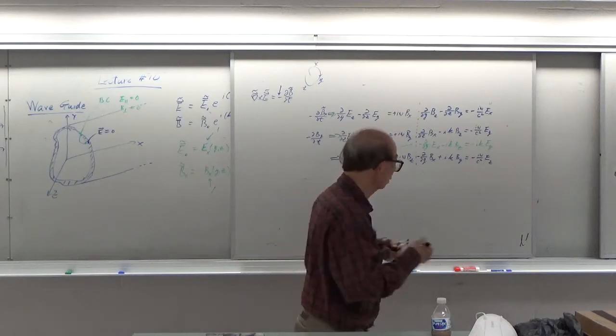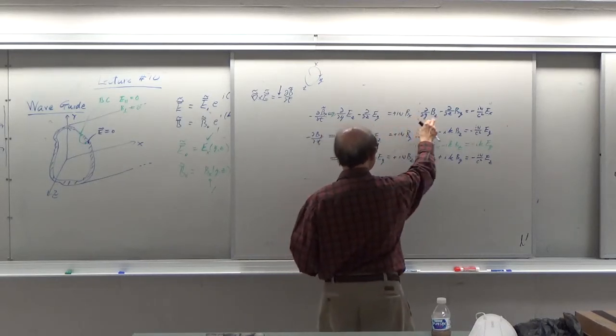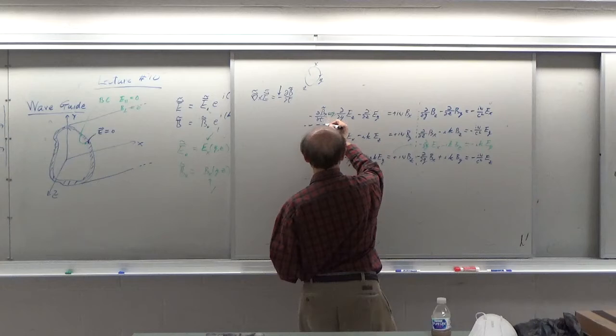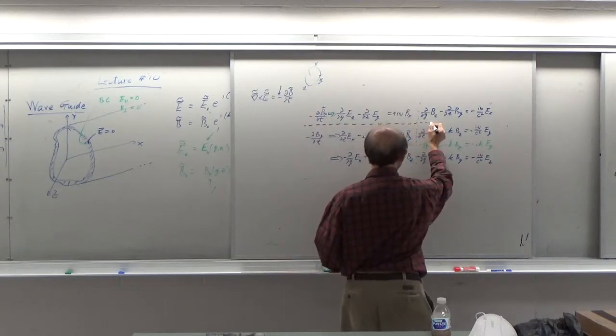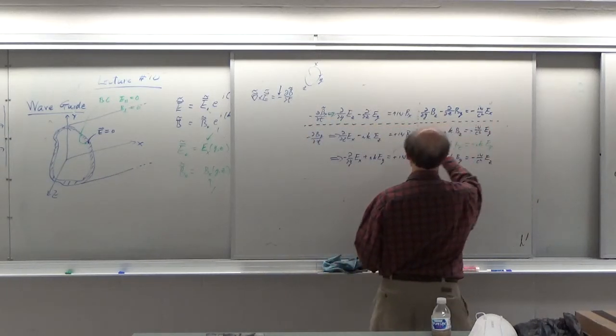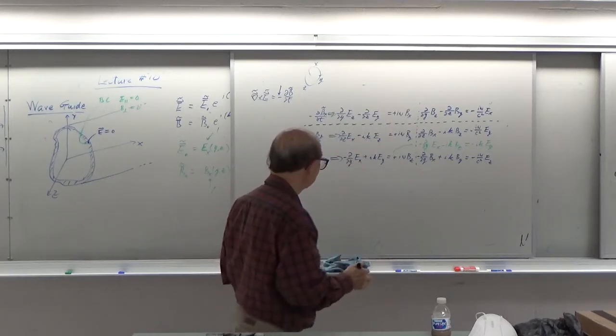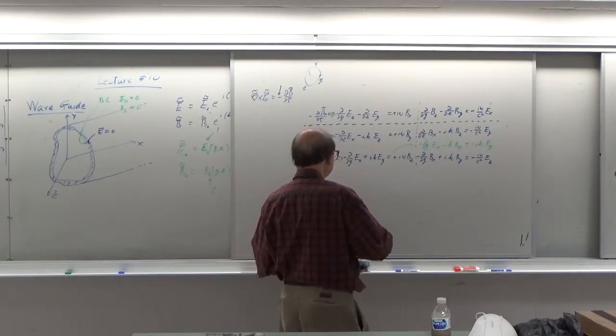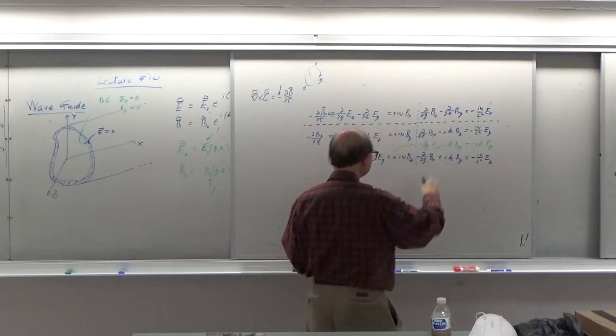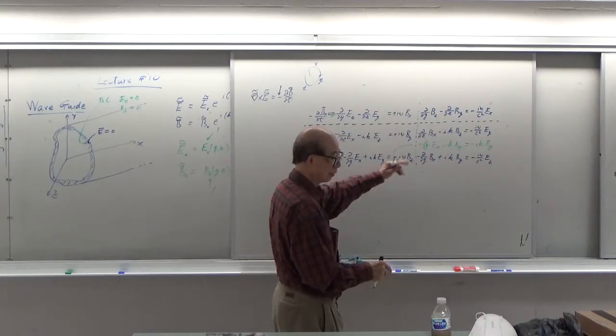Let me at this point separate these two top equations from the four equations below this line. And notice that we have x, y, z component dependence very clearly written down there.